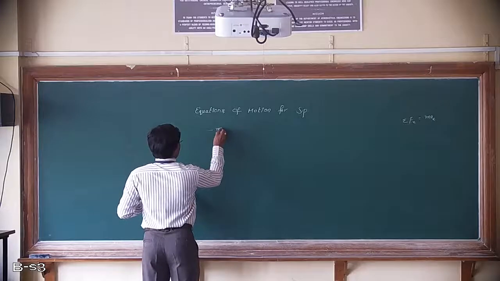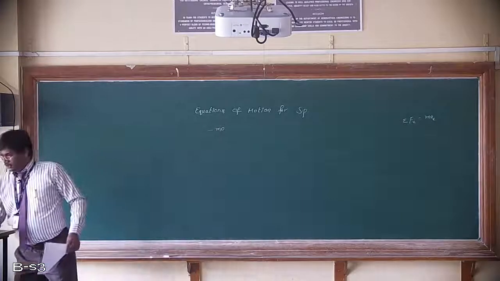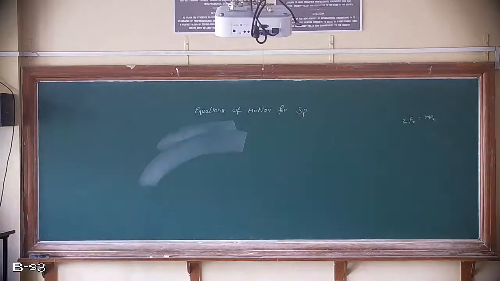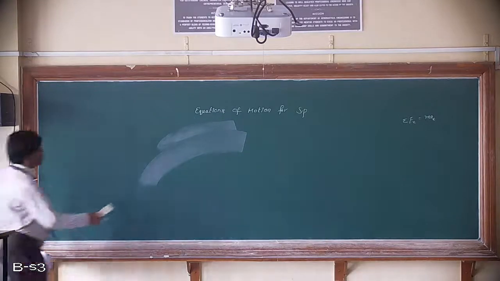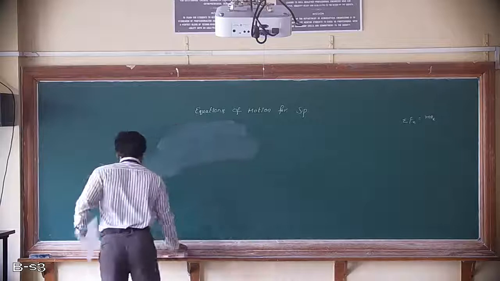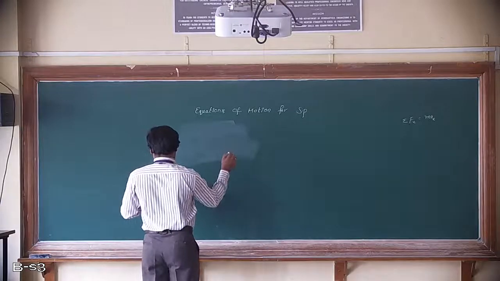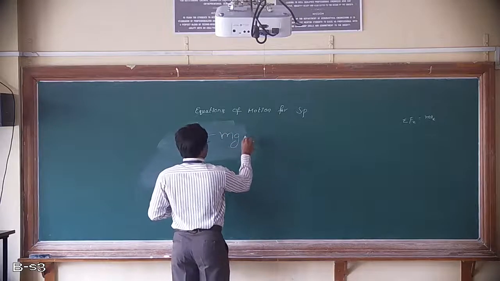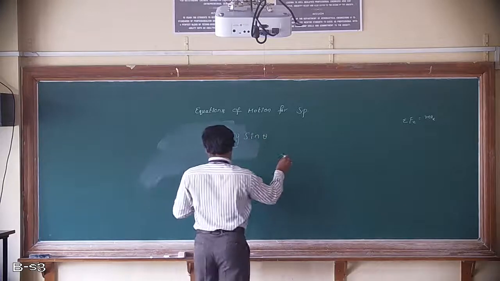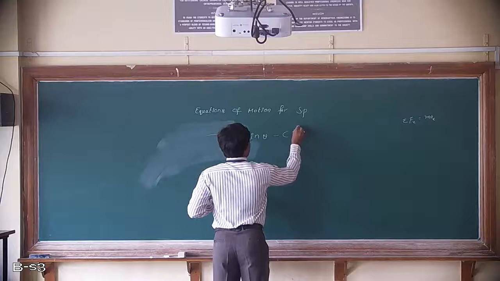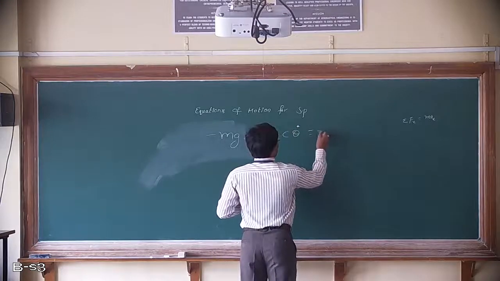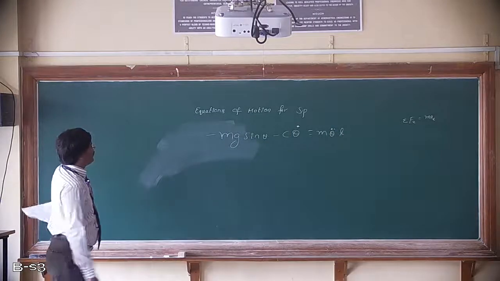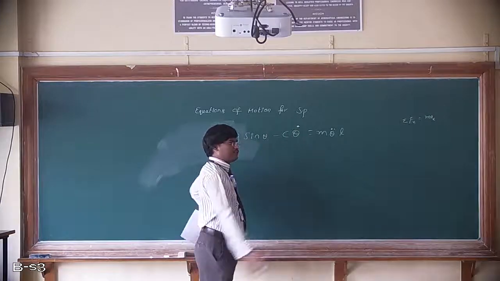Sorry, this camera is too far. So we got this equation: minus mg sin theta minus c theta dot is equal to m into theta double dot L. Here mg is the weight, and c is the friction coefficient or damping coefficient we discussed.